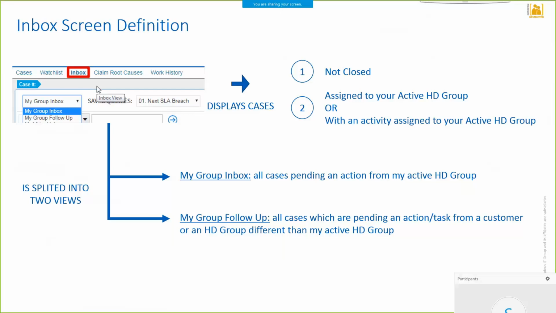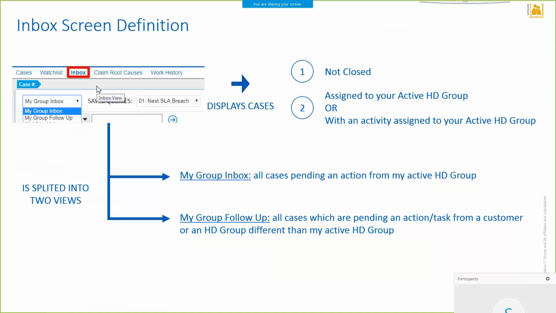Then this case will be displayed not in my group inbox, but in my group follow-up. Of course, if you're requesting more information from a customer, so writing something on the portal, it will also be displayed in my group follow-up and not anymore in my group inbox.